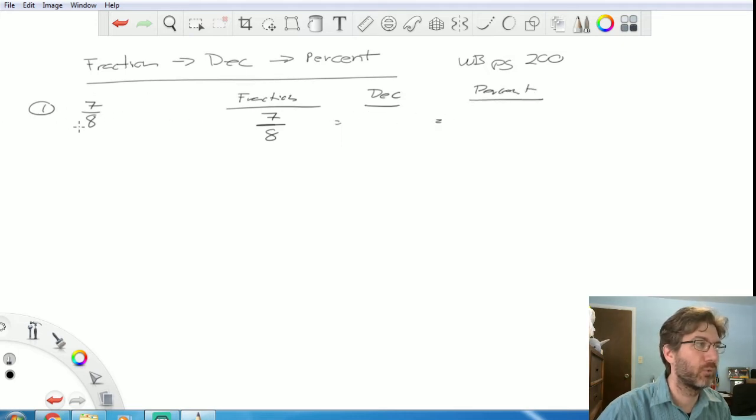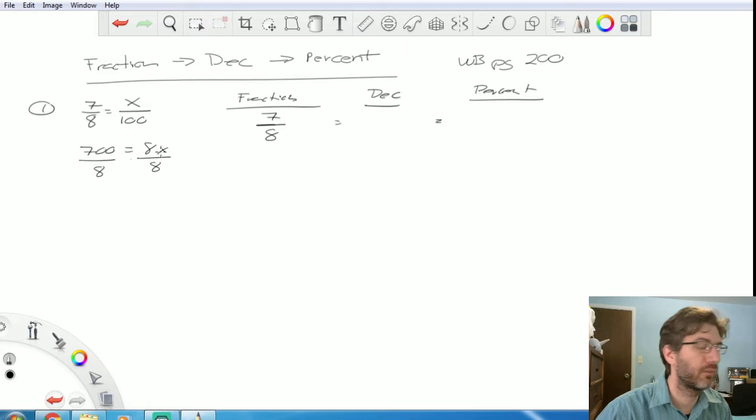All right. One way to do it is to find the percent first. So I can do that by setting up the proportion and getting your percent up here. So that becomes 700 equals 8x. Divide that by 8.